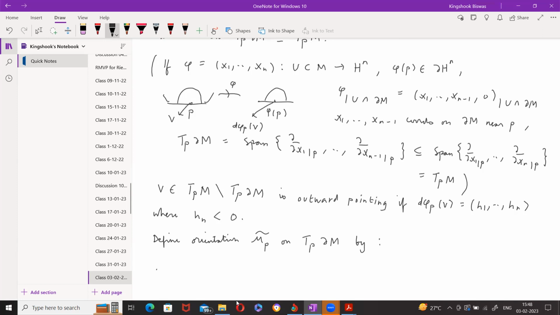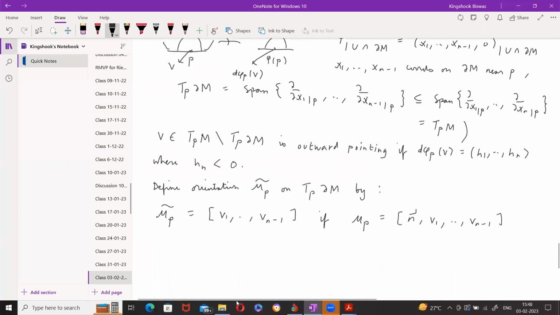We define it as follows: mu_p tilde is equal to the equivalence class of an ordered basis v1 to v(n-1) of T_p boundary M if mu_p, that is the orientation on T_p M, is given by some outward pointing vector n together with v1 to v(n-1), where n belongs to T_p M minus T_p boundary M and is outward pointing. Is this clear?